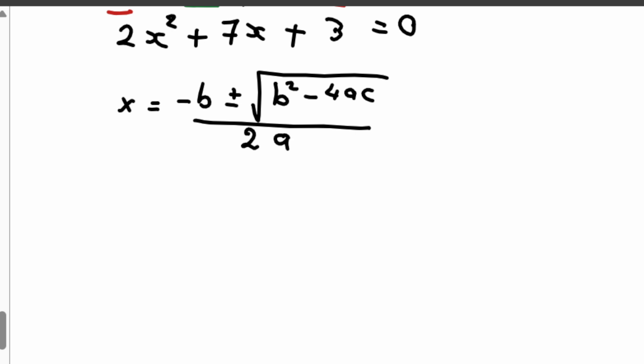Let's use the quadratic formula. Now what's a? a is what comes in front of the x squared, so it's 2. b is 7 and c is 3. Now plug these values in here.